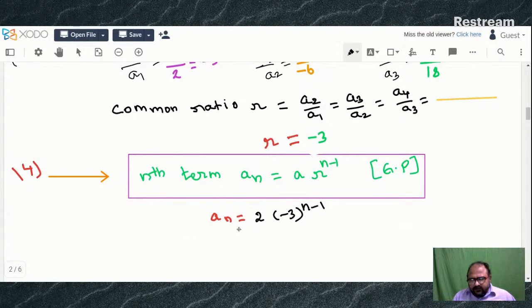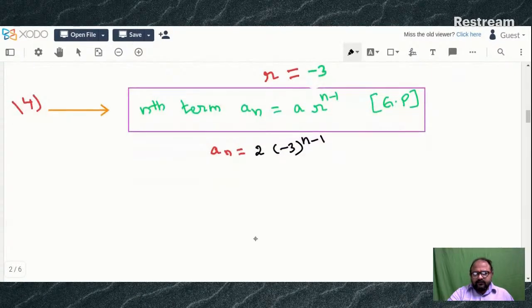So this is the nth term of the geometric progression. If the given list of numbers is in geometric progression, then using this procedure you can find the common ratio r and the nth term.